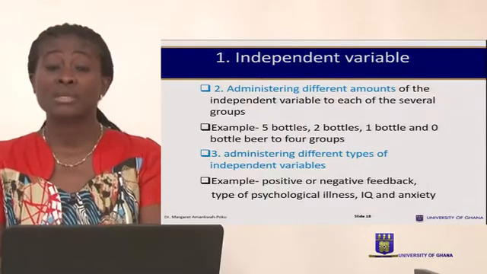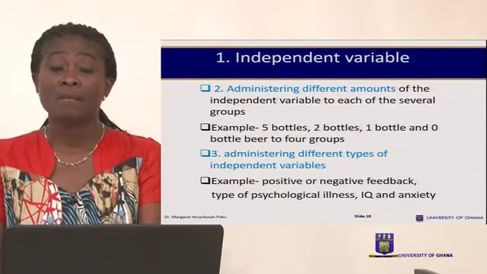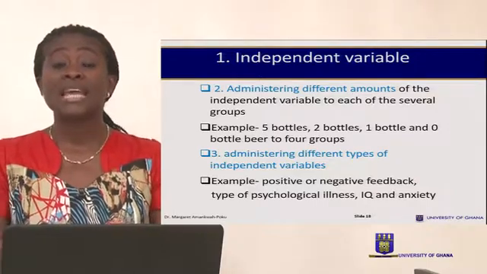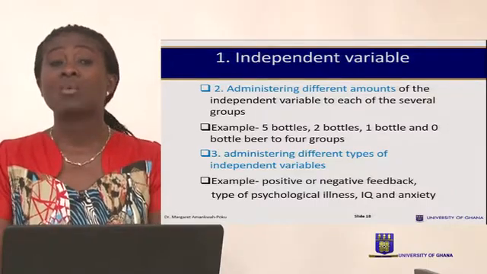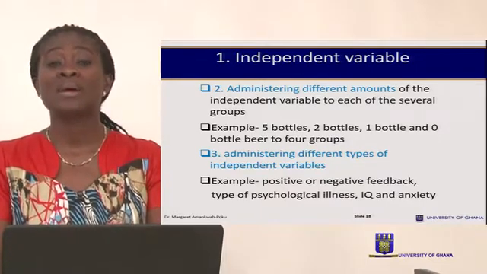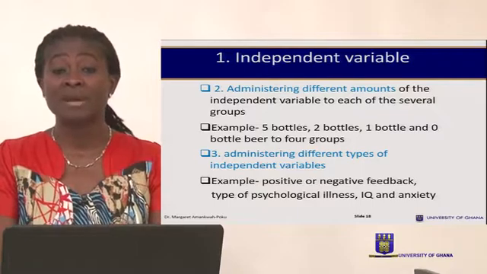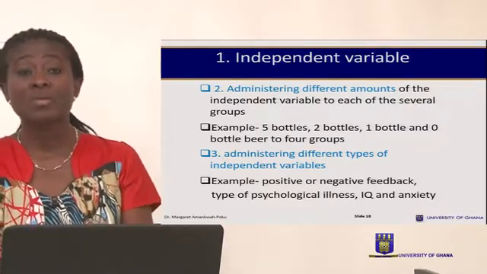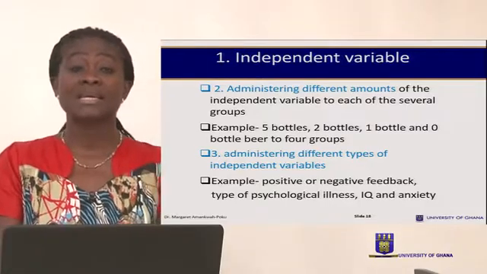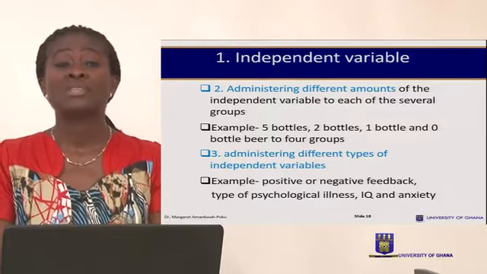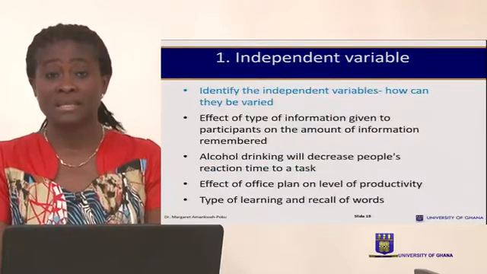We can look at how stress affects people with diabetes, and see that if we reduce the stress, how will it improve the lives of these individuals. So here we are varying the type of independent variable that we are giving to the participants. So there are 3 ways: the presence versus absence technique, administering different amounts of the independent variable, or administering different types of the independent variable.